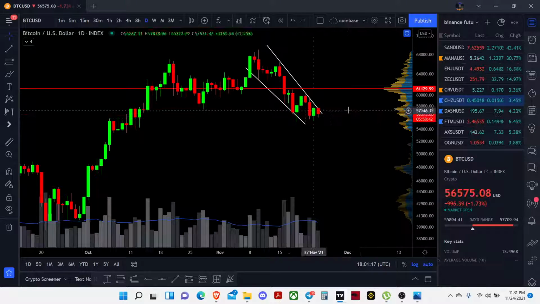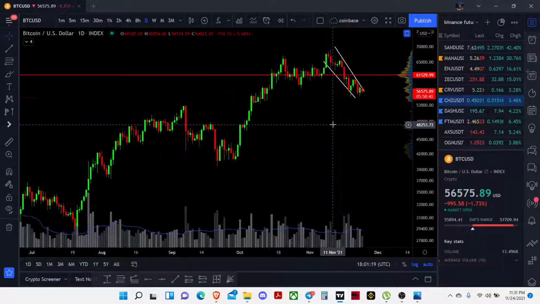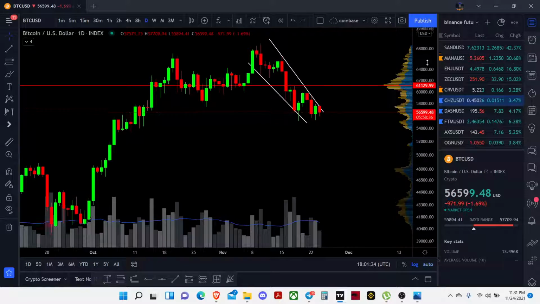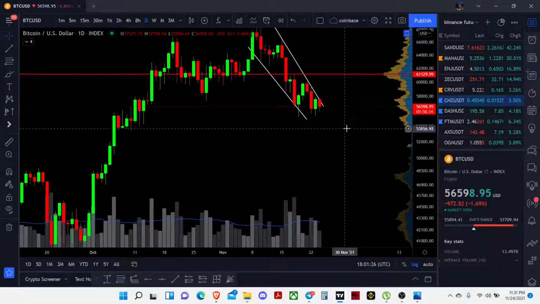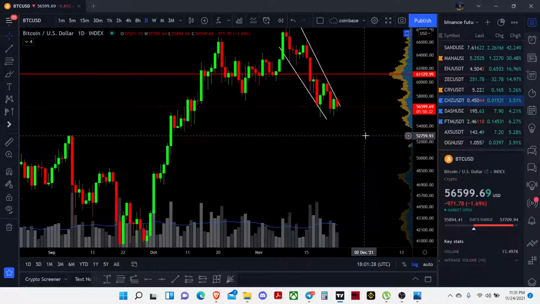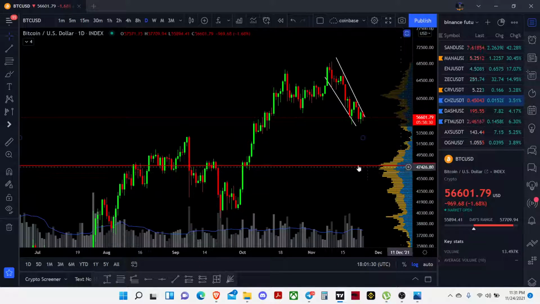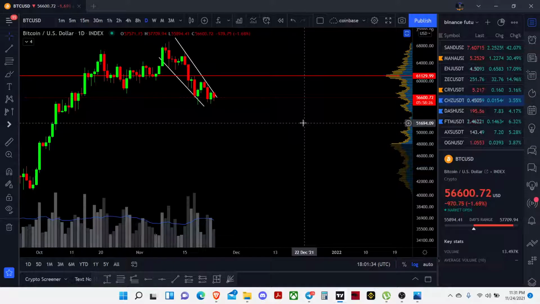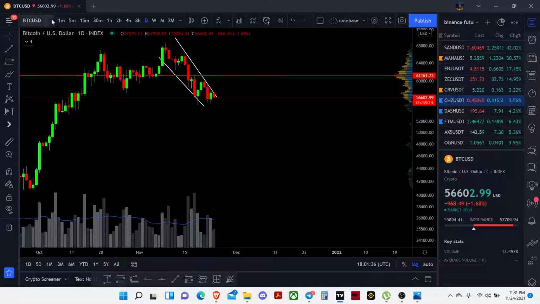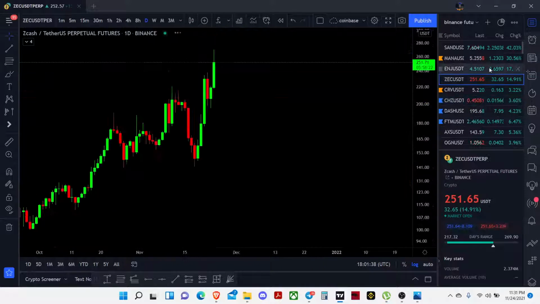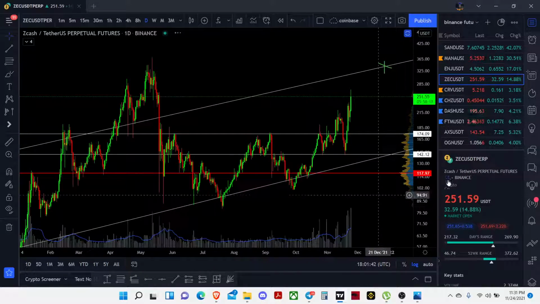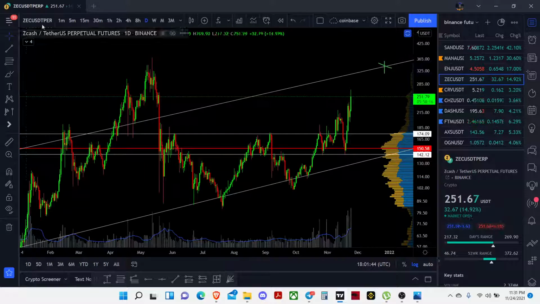So that's why it's giving a little bit of hope for a breakout before getting into the 53,000. If it's coming there, it's good, more downside, more flush out in the market. It's good. And about the altcoins, right now the trend is your friend, so you can play until the trend ends.